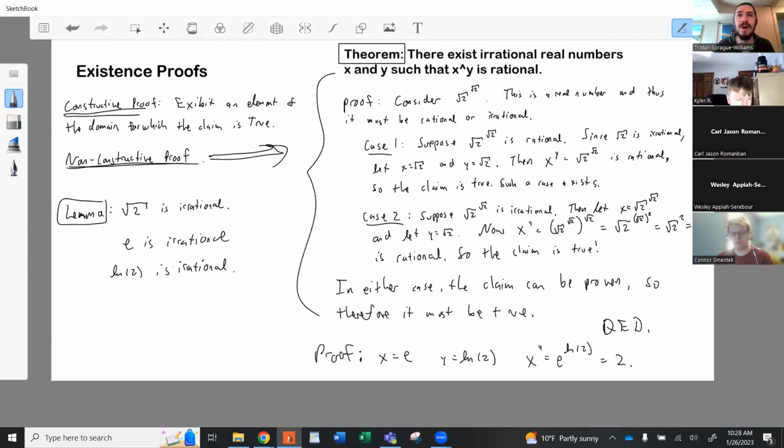John asks a great question. Is a non-constructive proof a bad way of proving things? Very interesting question. So let me be very clear. It is a valid proof. The first non-constructive proof is valid. It does prove that there exist these things.